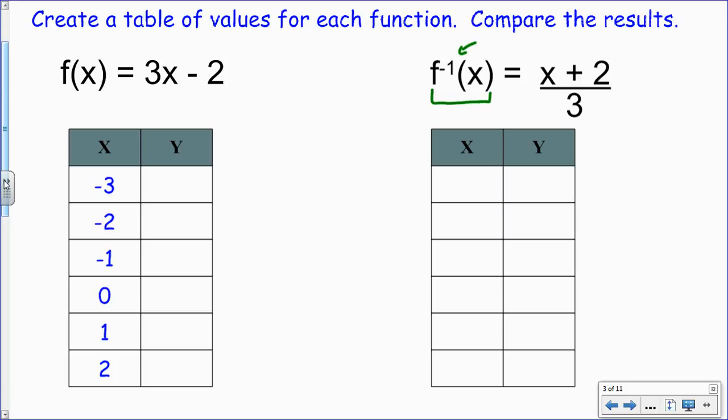Okay, so this means you say f inverse of x.